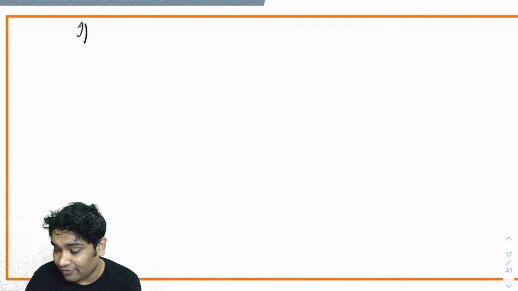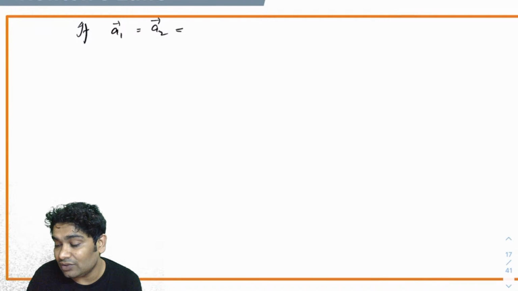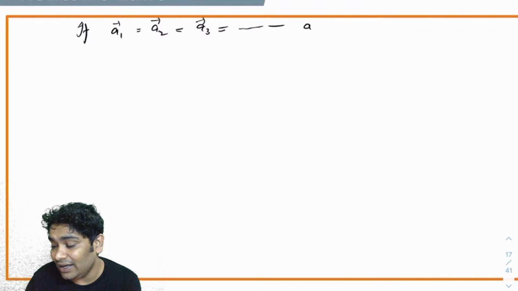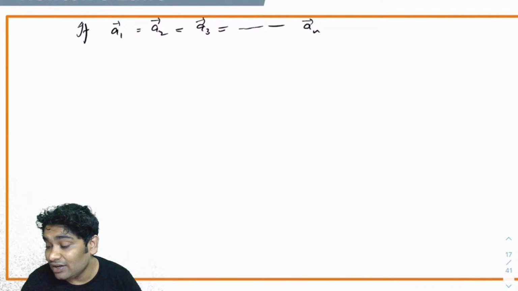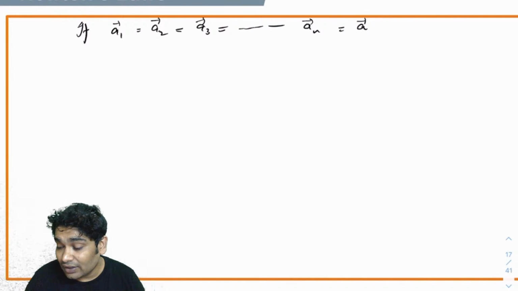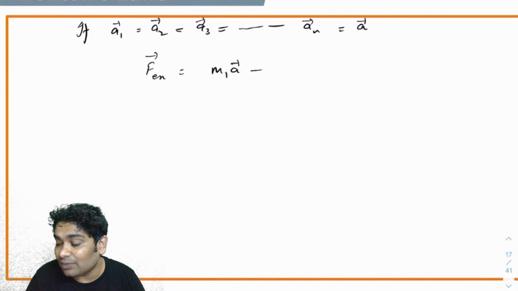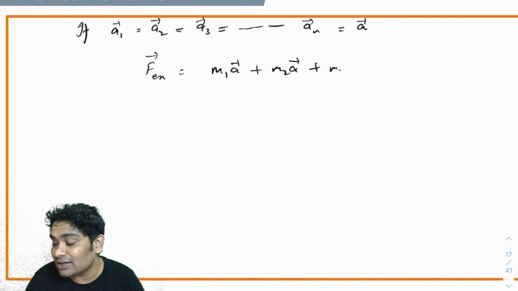If a1 vector equals a2 vector equals a3 vector equals an vector, so all the point masses have the same acceleration, which let me call a vector, then I get F external equals m1 a vector plus m2 a vector plus m3 a vector and so on.